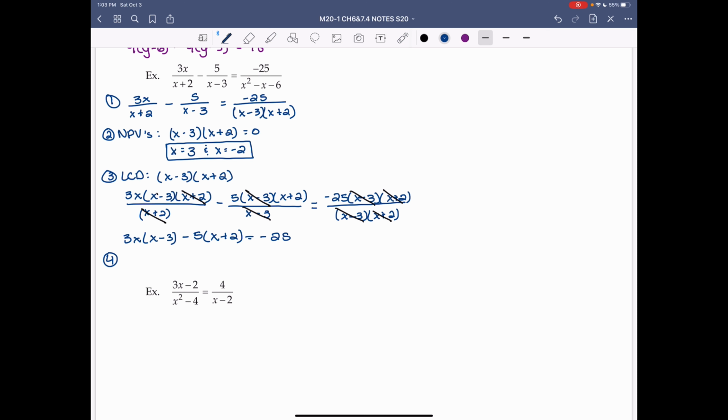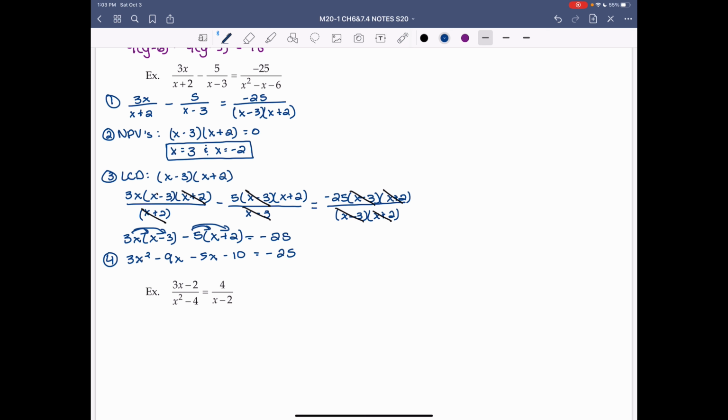Step 4, solve and simplify. 3x multiplied into our brackets gives us 3x squared minus 9x. Minus 5 multiplied into our brackets gives us negative 5x minus 10, and then equals negative 25.